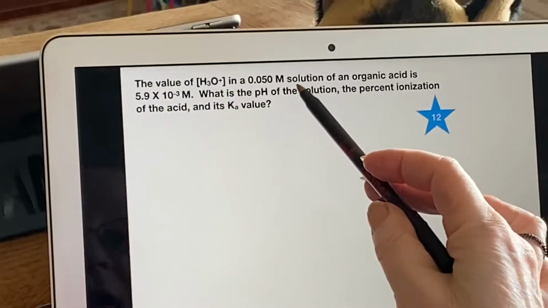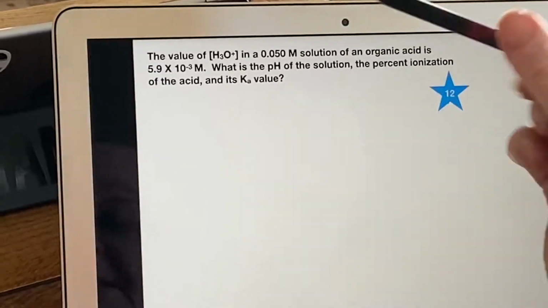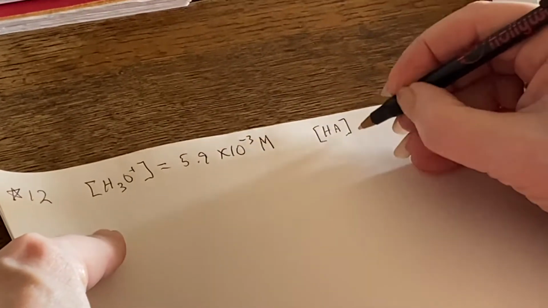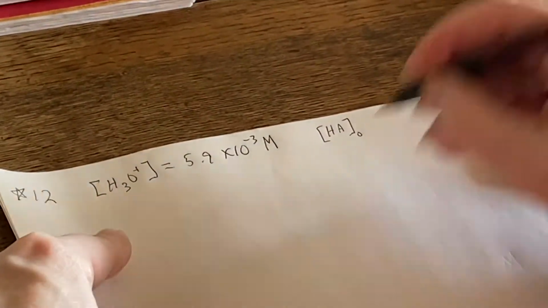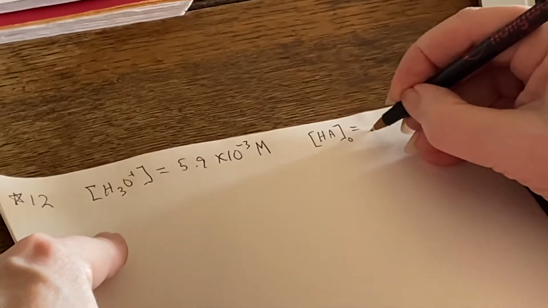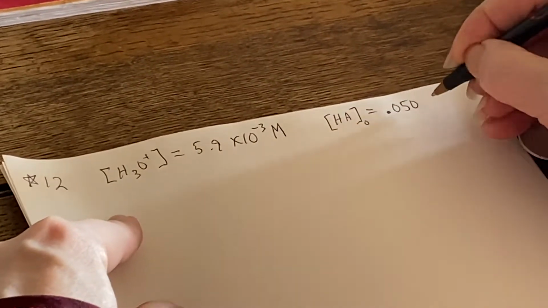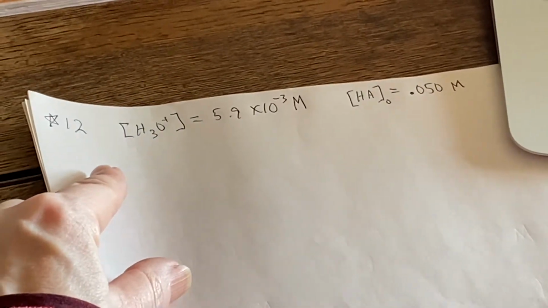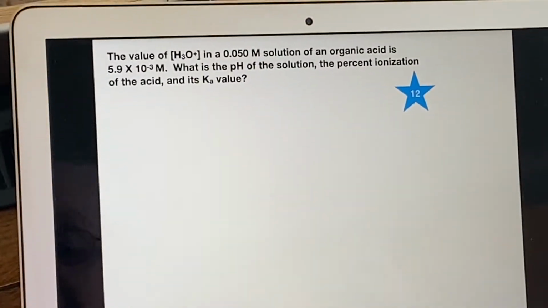They have also said what the molarity of the solution is, so we're thinking that HA, at least originally, was 0.050 molar. They ask what's the pH of the solution, the percent ionization, and the Ka value.